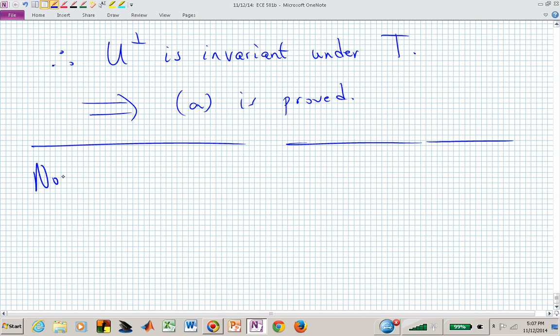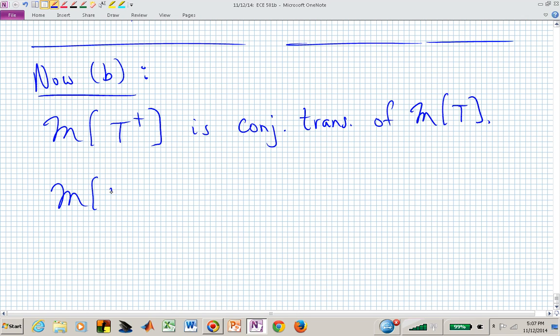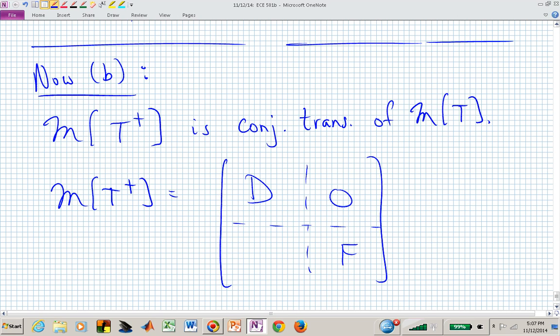So now, if we look at B, the matrix representation of T dagger is the conjugate transpose of the matrix representation of T. So we now have that the matrix representation of T dagger is also block diagonal, where this is now E1, E2, E sub M, and F1 through F sub N.